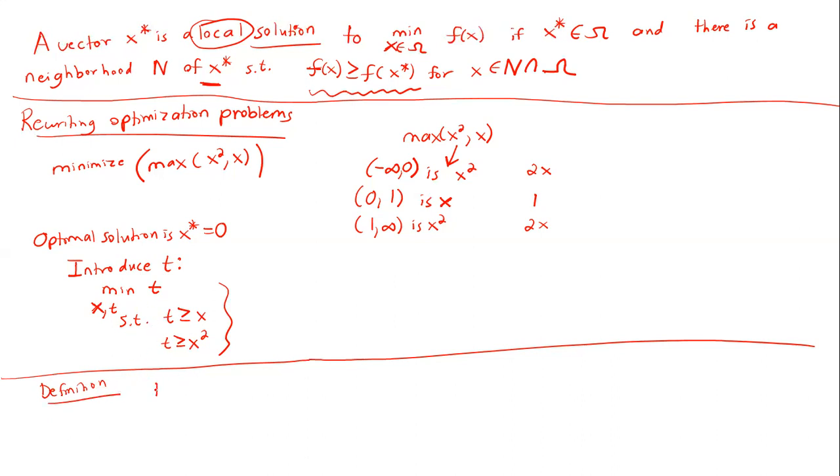And this is going to be the active set, A of x. So this is a definition of an active set at any feasible x.